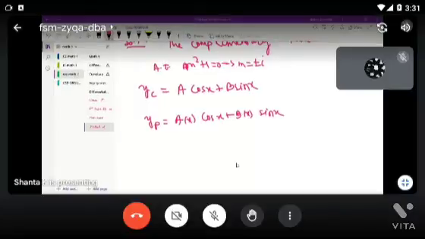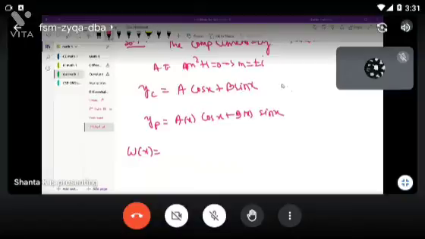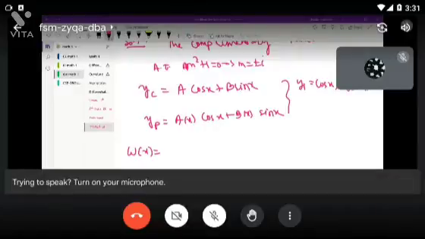Now we have y1, y2. Okay, we will find the Wronskian. So here what is y1? If you look at here, y1 equals cos x, y2 equals sin x.